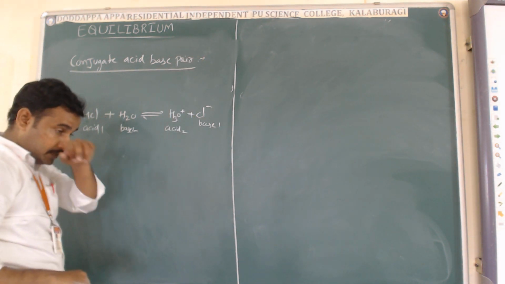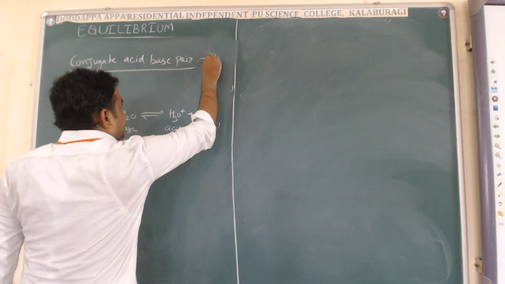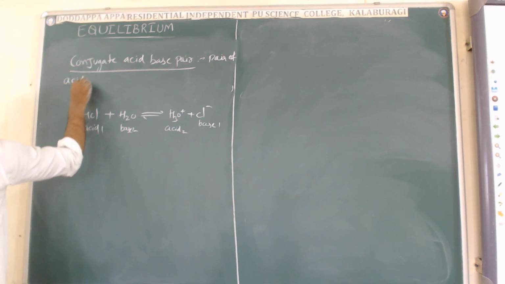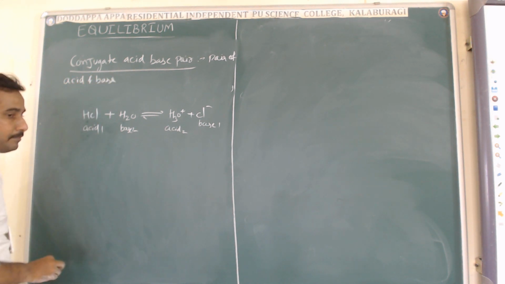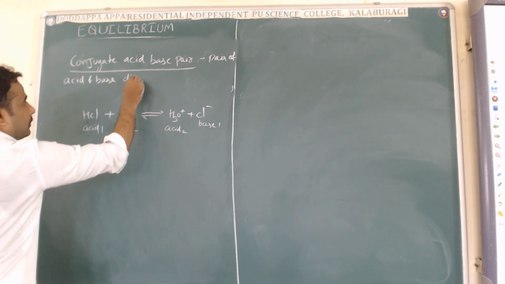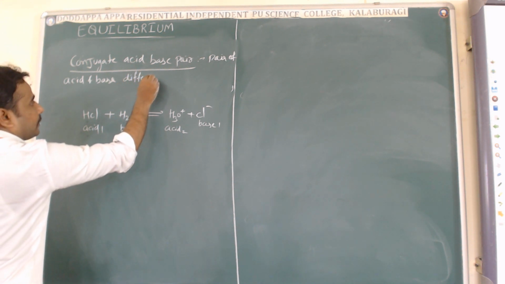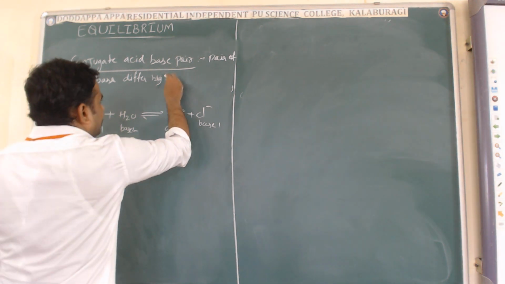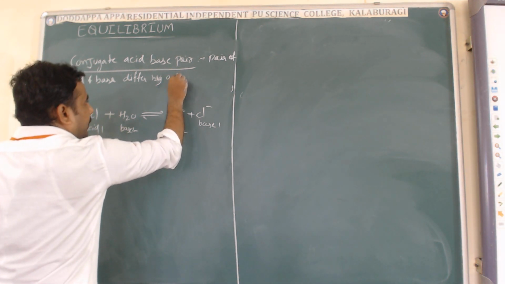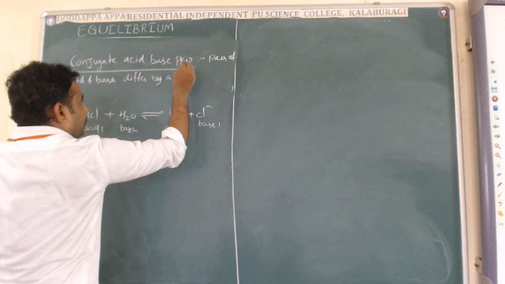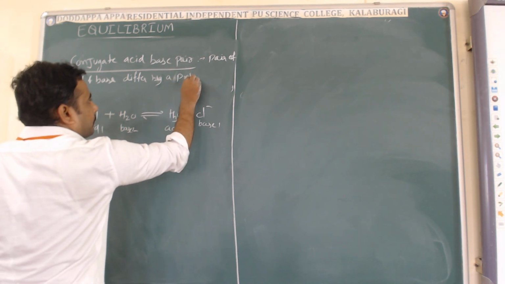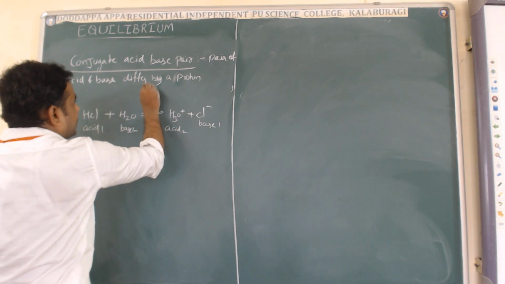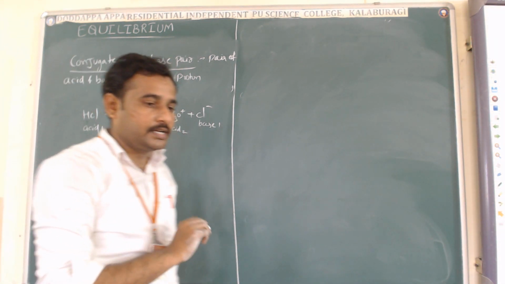The pair of acid and base differ by a proton. That is what we call a conjugate acid base pair.